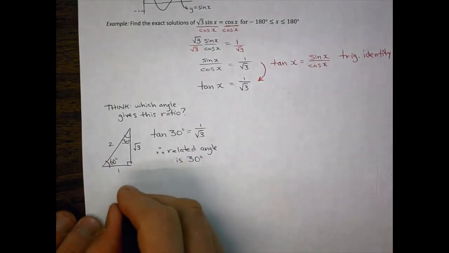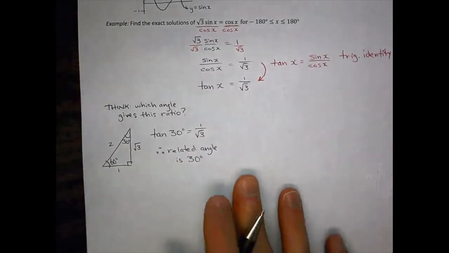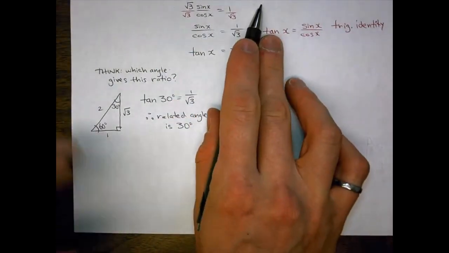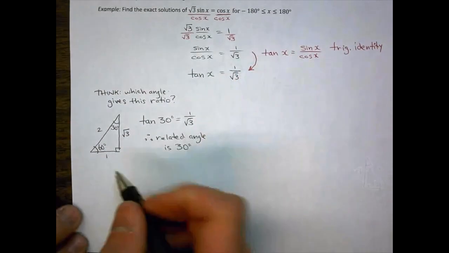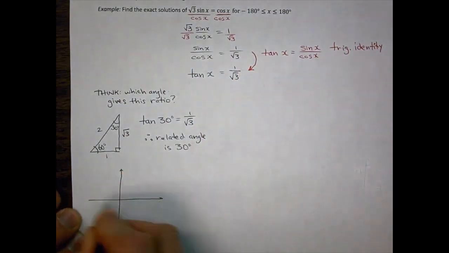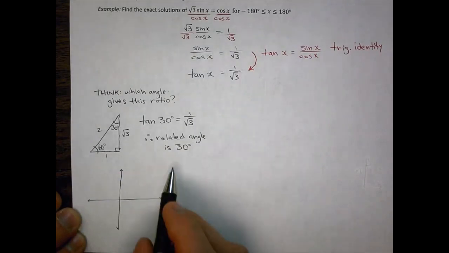So now it's just a matter of figuring out what are my possible solutions to this. I mean, we've done all the work. Now I just have to figure out, based on the bounds, what are my answers. It's from negative 180 to positive 180. So if this is my unit circle, when is tan positive?